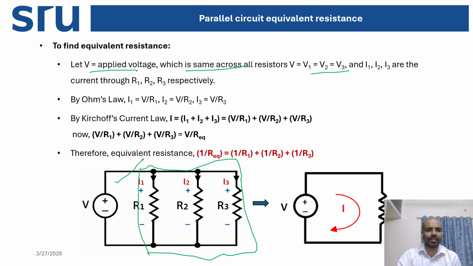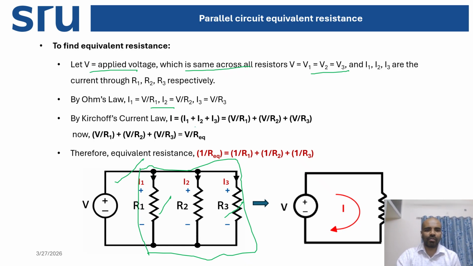By applying Ohm's law, I1 is V by R1, I2 is V by R2, and I3 is V by R3, because the voltage drop across each resistance is the same.